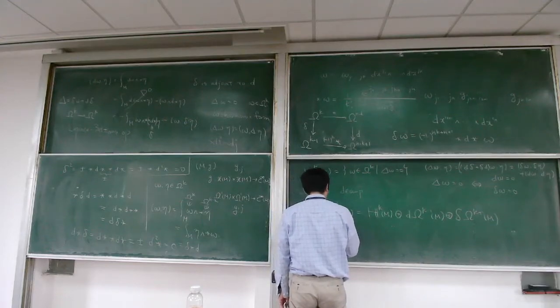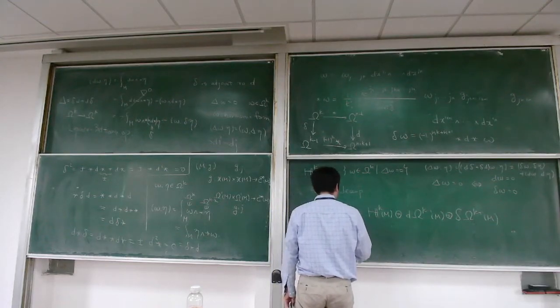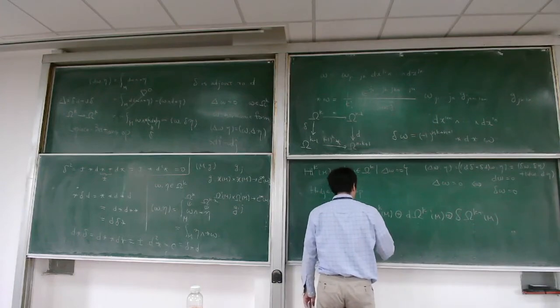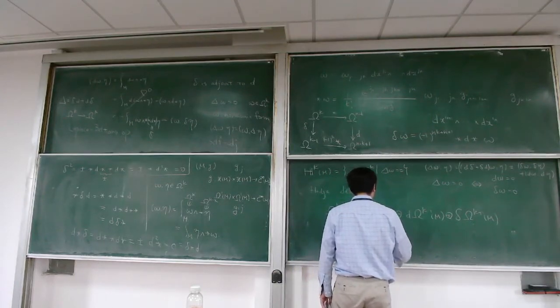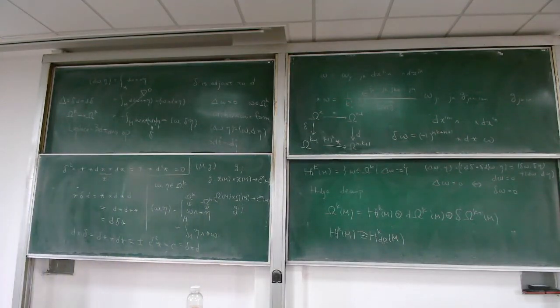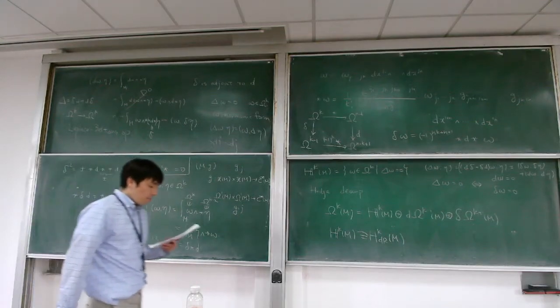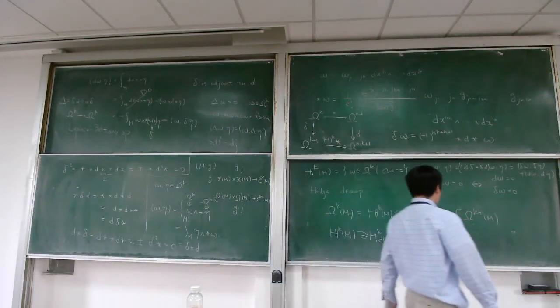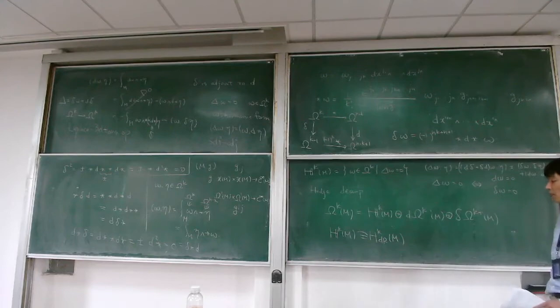It's a deep theorem. It is isomorphic to de Rham cohomology. Okay, this is an isomorphism, for an oriented compact Riemannian manifold. So essentially de Rham cohomology is indeed harmonic forms.